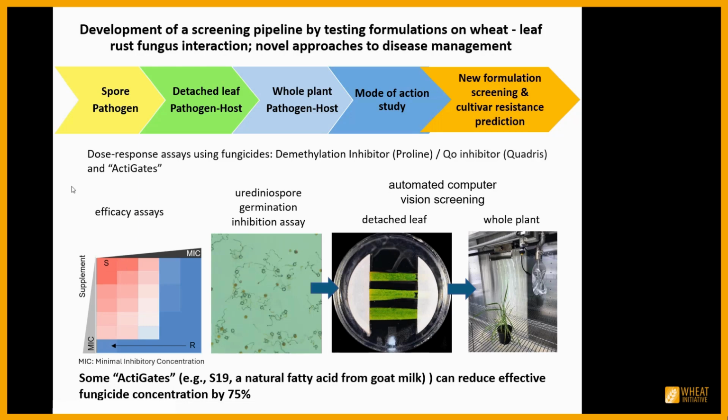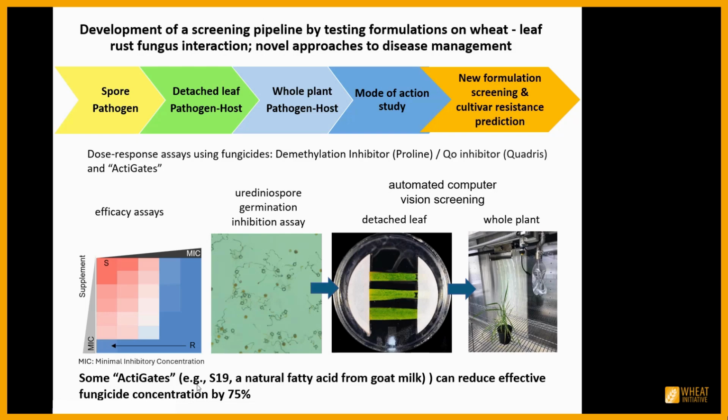This was work done by Mang Li, mainly, where we look at the compounds when you add them and see if they inhibit spore germination. We have a detached leaf assay and then a whole plant assay. This is all set up in an automated spray and analysis chamber using computer vision.